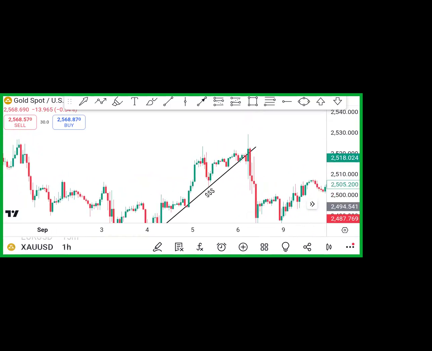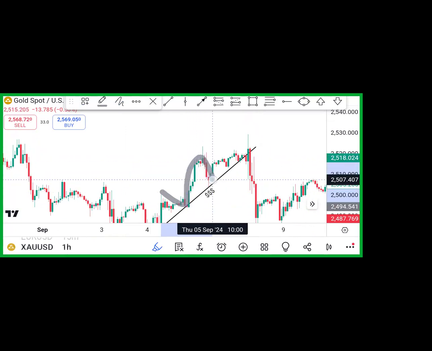Let's take a look at this. The price was making this trend line from this level, touched, then pulled up, then the price tapped it again. If you go over and start shorting at this level now, you are going to be stopped out.